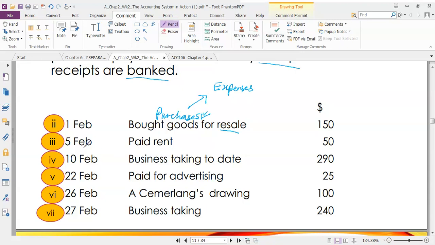On the 5th February, paid rent. Paid rent means we spend the money to pay the rent, so it is rental expenses.